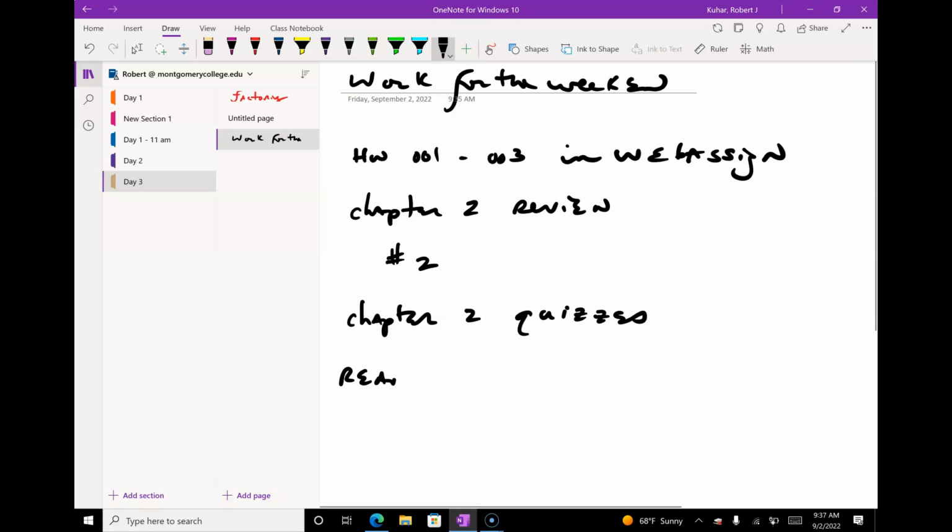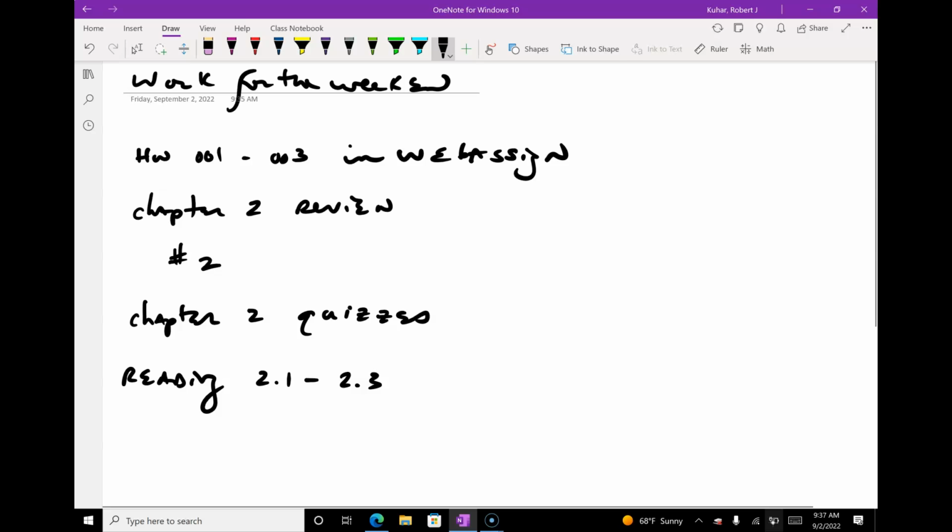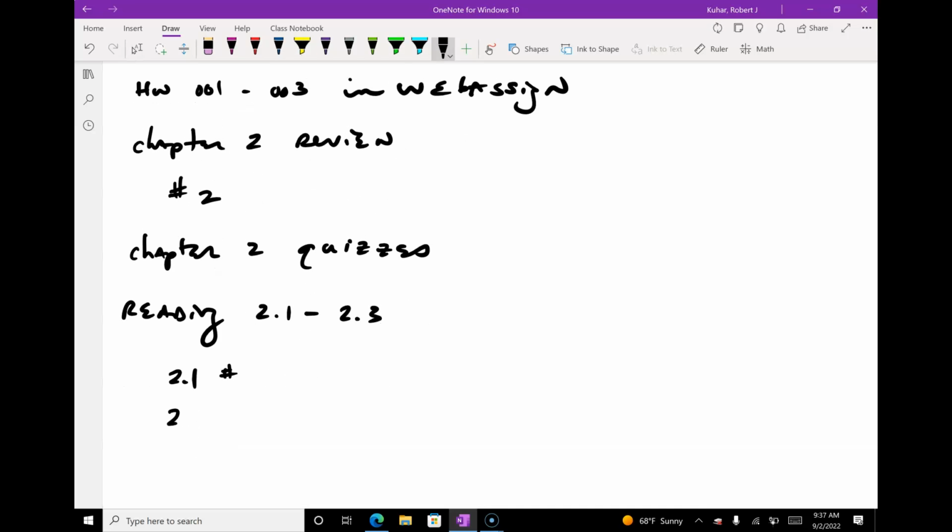And we're reading 2.1 to 2.3. I think I said 2.4, but not ready for 2.4 yet. In 2.1, I like numbers. 2.2, I like numbers. 2.3, I like numbers. I'll tell you in a second.